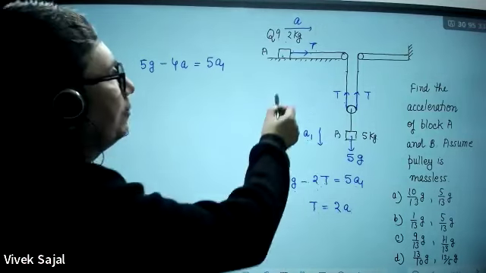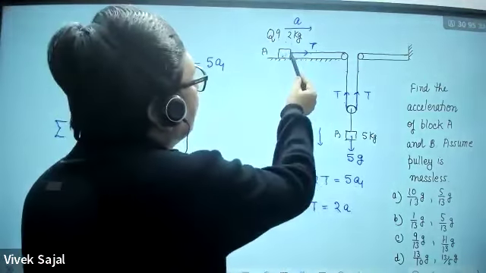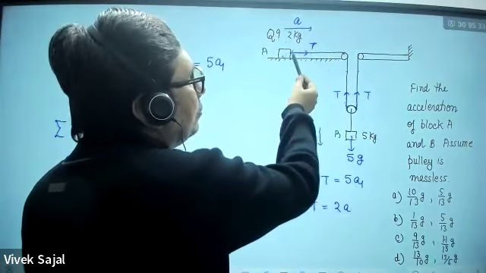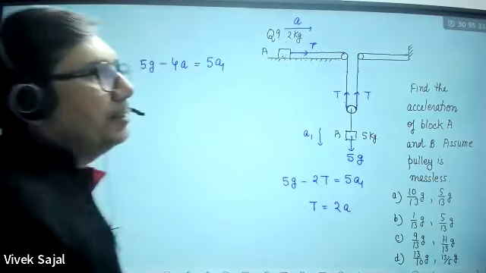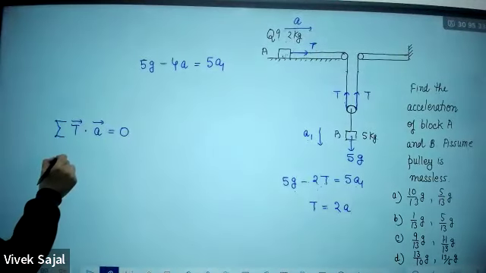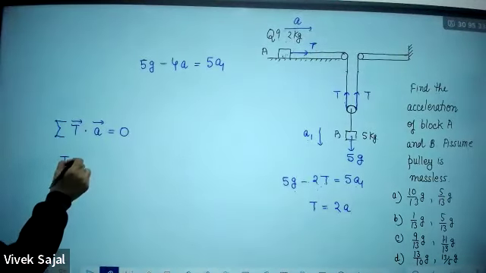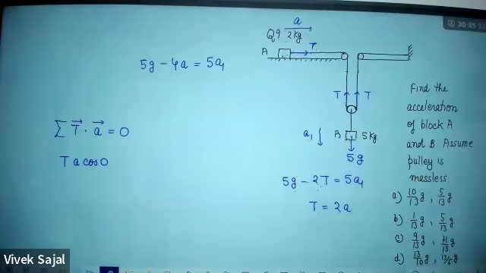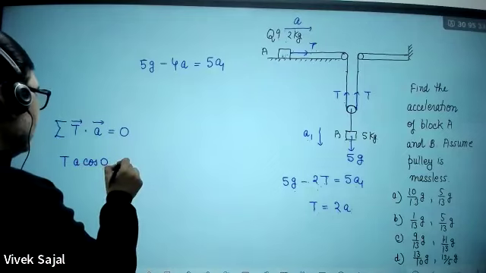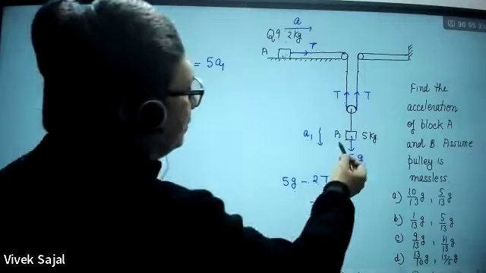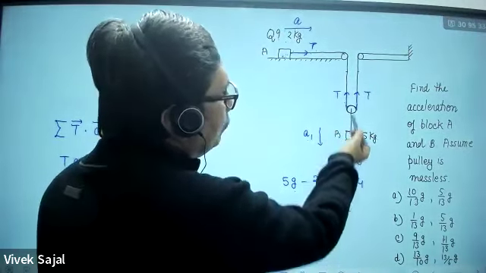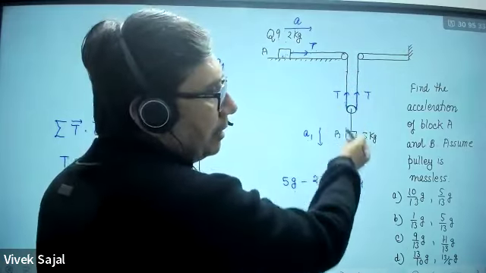So look here, first block A, tension is in this direction, acceleration A is in this direction. So T and A are in the same direction, so I will write T A, a dot product, cos 0. Plus the second block has acceleration in the downward direction and 2T tension in the upward direction.